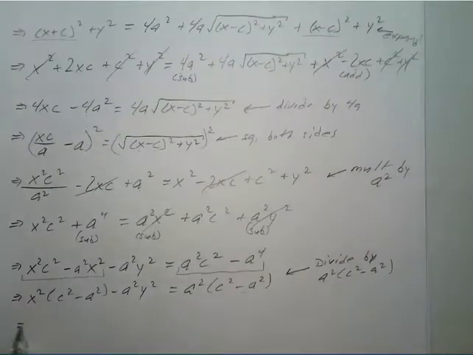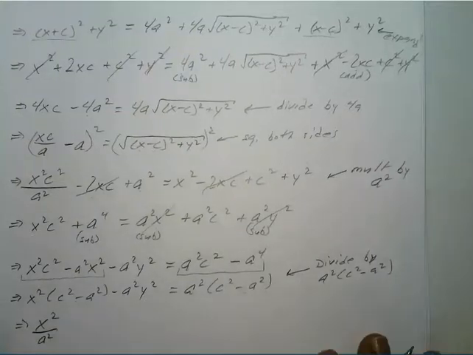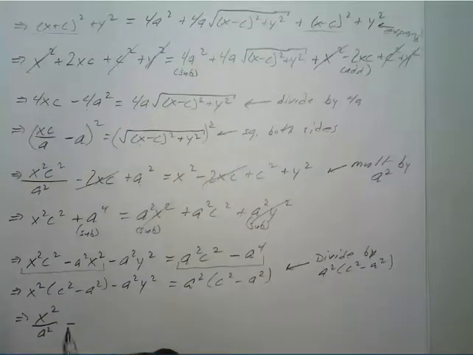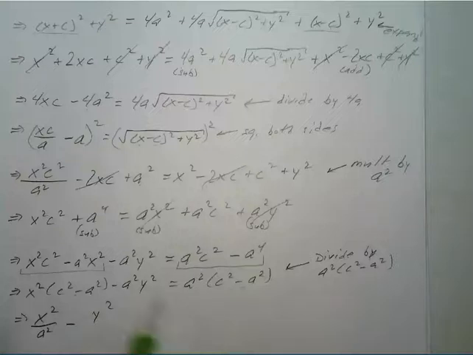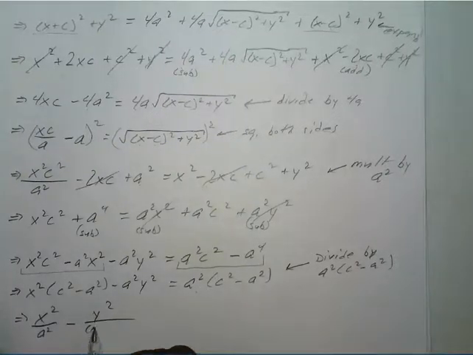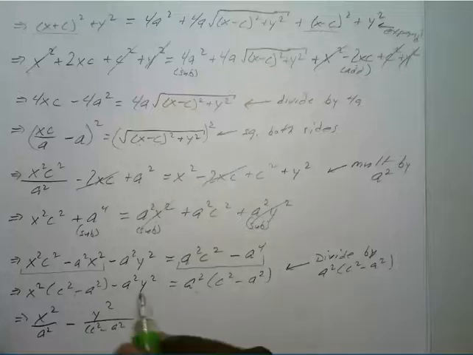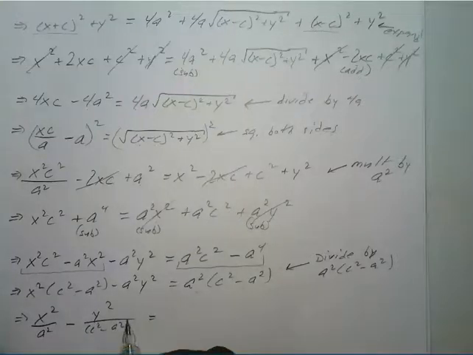Okay, so if we do that, we will end up with x squared, because we divided, the c squares will cancel out, x squared over a squared minus y squared, again the a squares will cancel out, over c squared minus a squared equals, anything divided by itself is just 1.